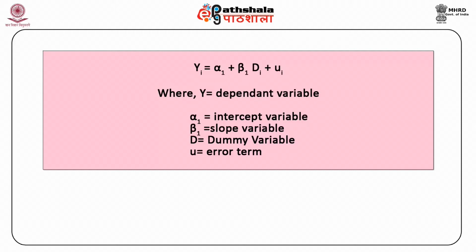Here it is important to note that the dependent variable is quantitative and the error term satisfies all the assumptions of classical linear regression model. It should be kept in mind that an ANOVA model may consist of two or more qualitative variables with two attributes.